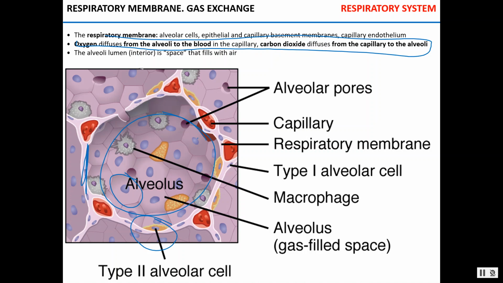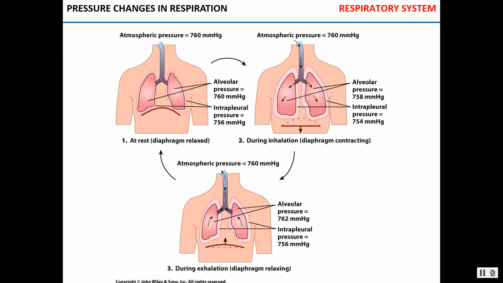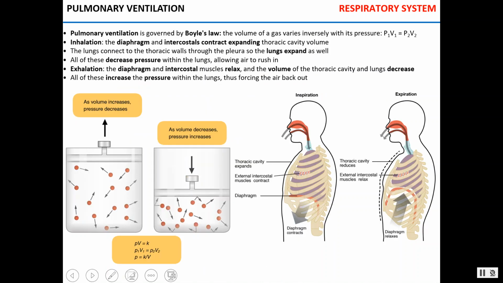So let's talk about pulmonary ventilation. Pulmonary ventilation is the process that is governed by Boyle's law. With the increase in volume, pressure in that volume decreases, and with the decrease in volume, pressure in the volume increases.